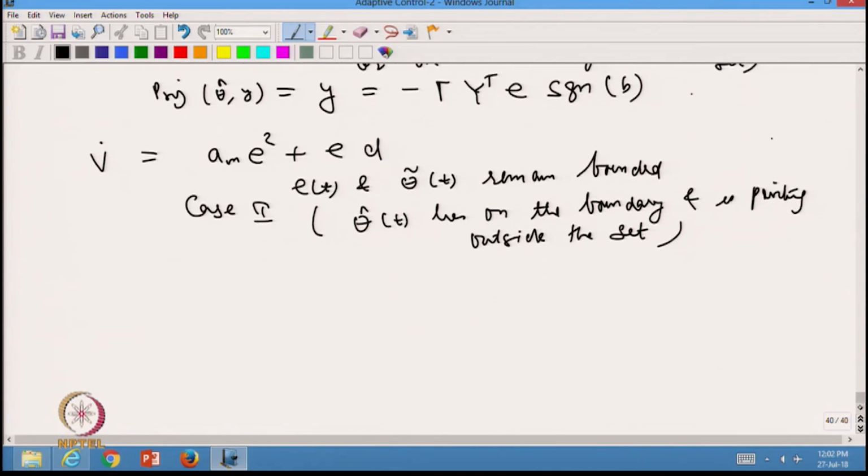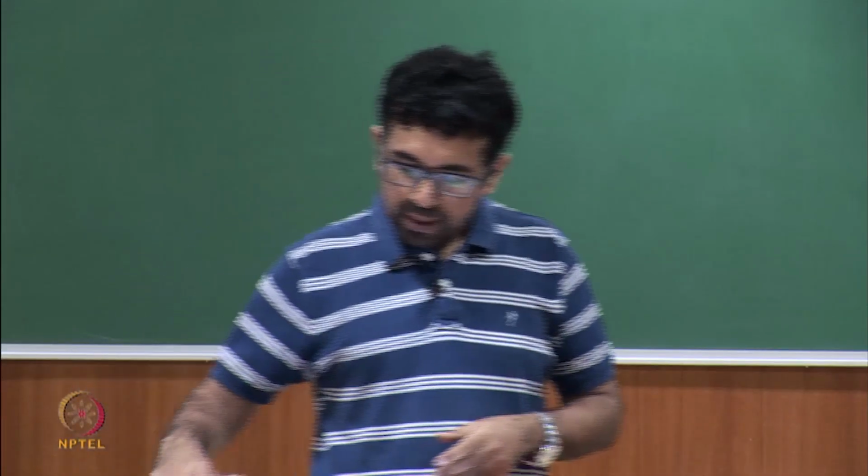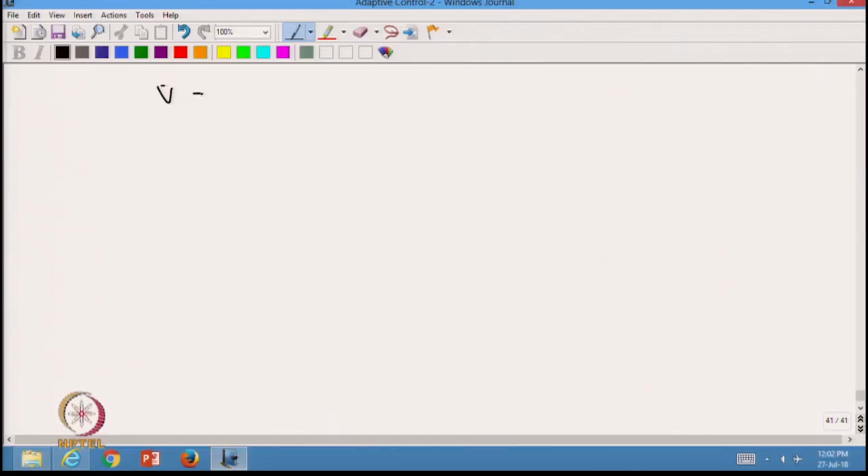We want it to always stay within this convex set. We will have V dot as A m E square plus E d minus B e y theta tilde minus, and there we will use the modified update law.